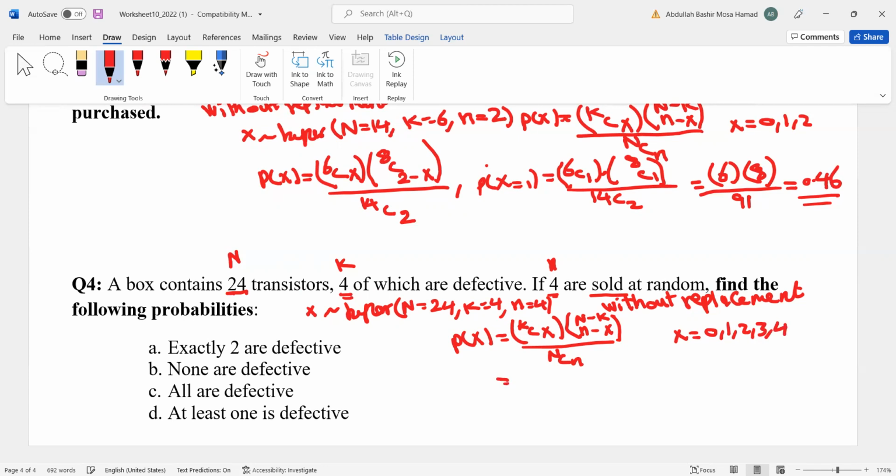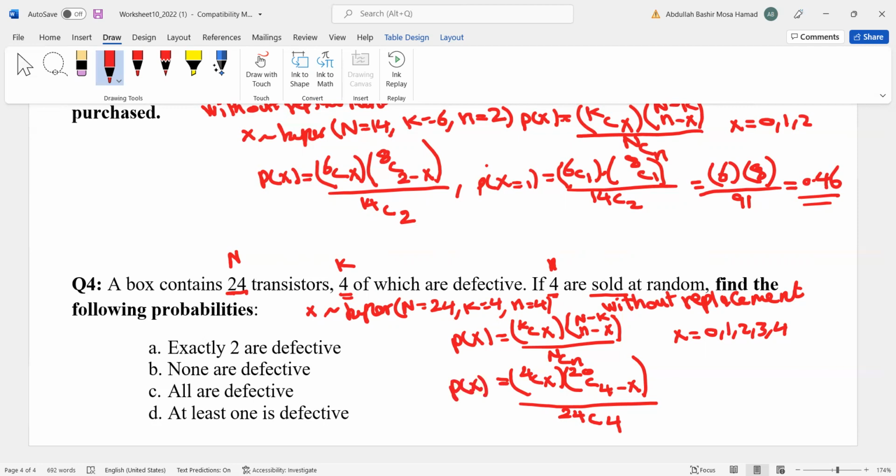So we substitute K with 4 C X multiplied by N minus K, 24 minus 4 is 20, C 4 minus X, over 24 C 4. This is the formula. We will use it to find the probability of each question.